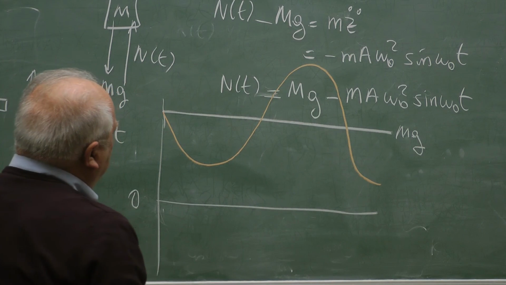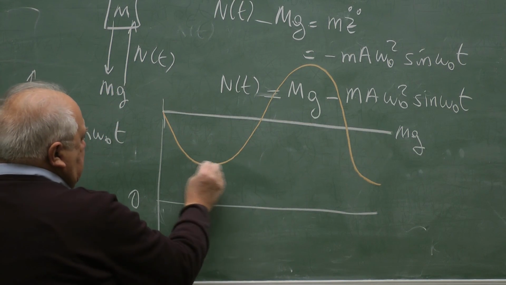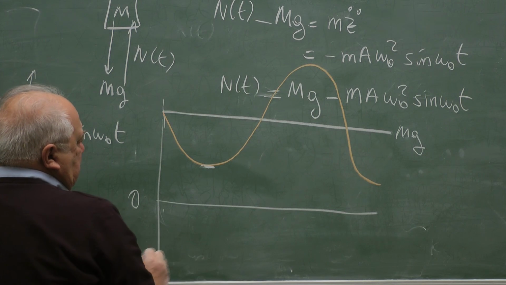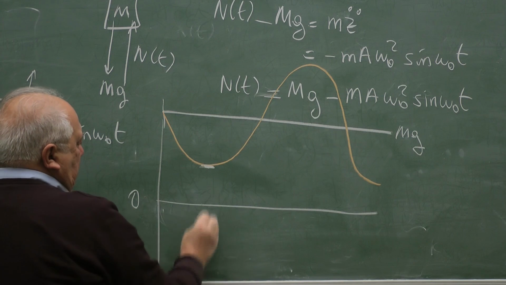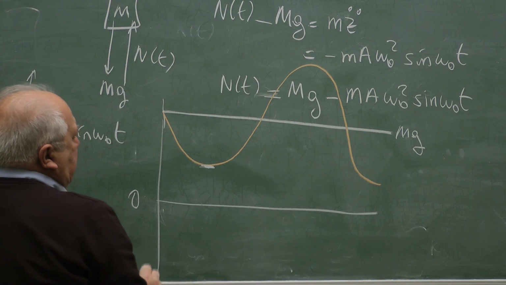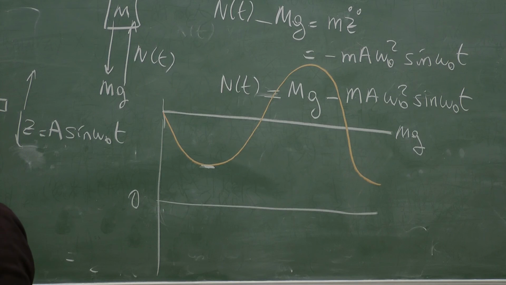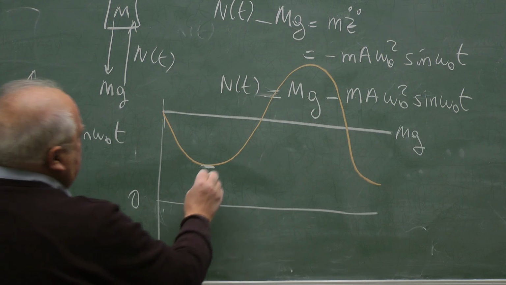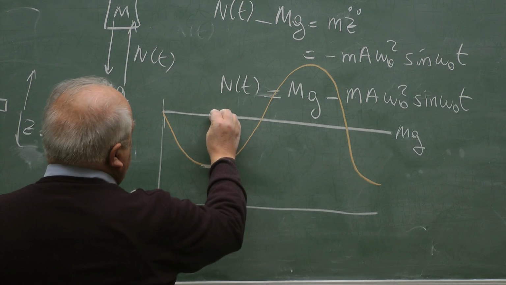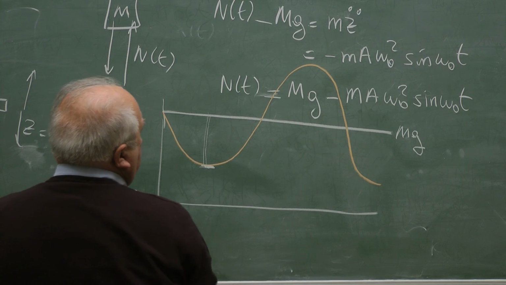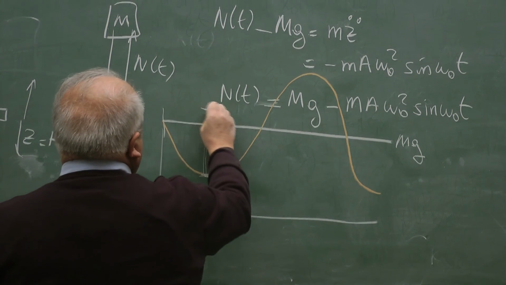We see that for n to be positive, this thing should not hit this thing or go below it. So this is the value when omega 0 t is pi over 2.